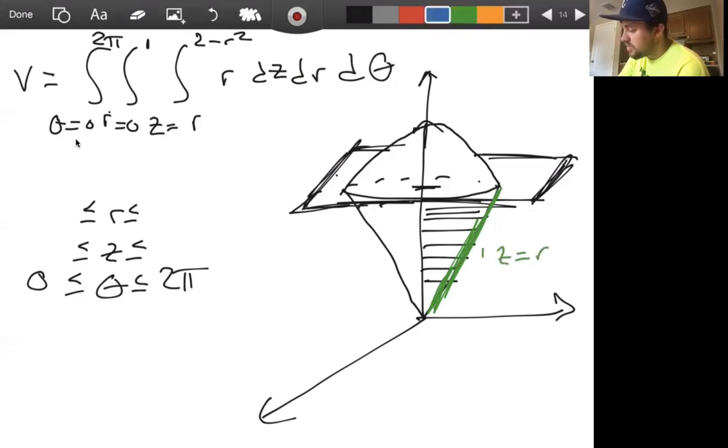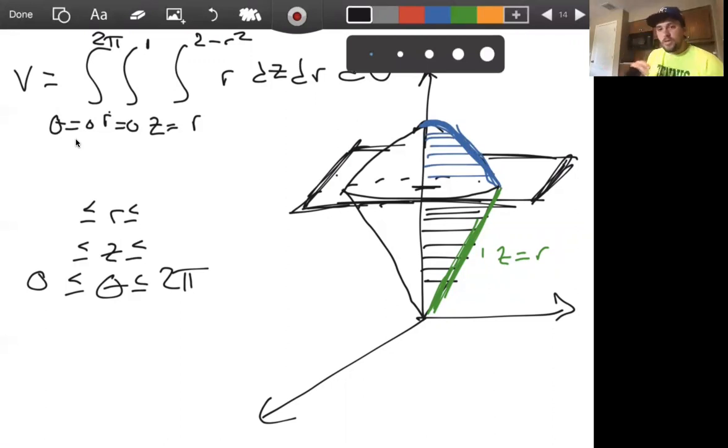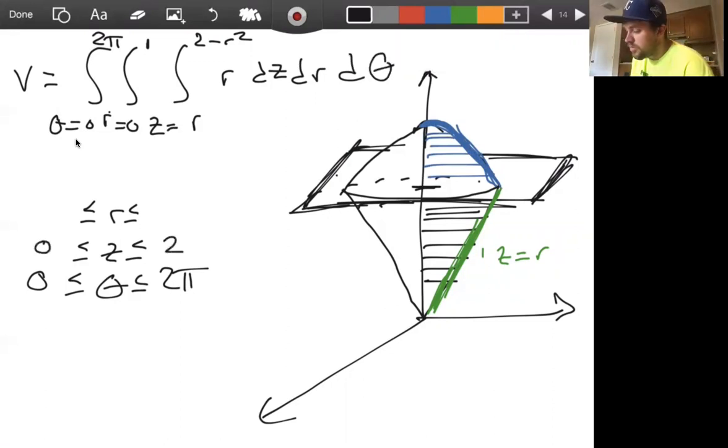But when z is between 1 and 2, we get something different: the outer bound is this paraboloid and not the cone. And so because of that, when we switch the order, we have to break up the integral. So z goes from 0 to 2, but r depends on whether z is between 0 and 1 or 1 and 2.